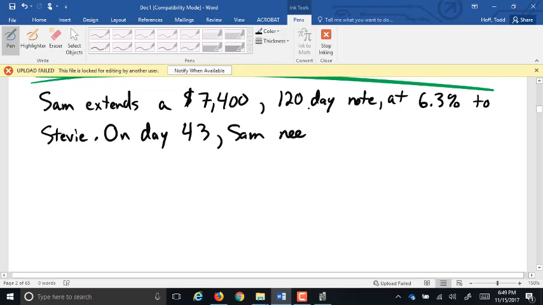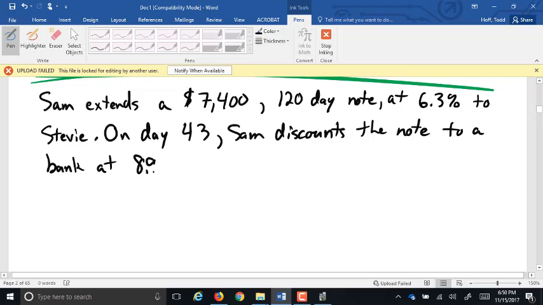Sam needs money, so Sam discounts the note to a bank at 8.9%. Find Sam's proceeds.